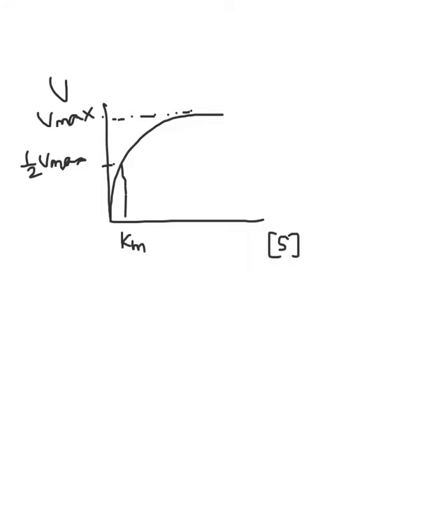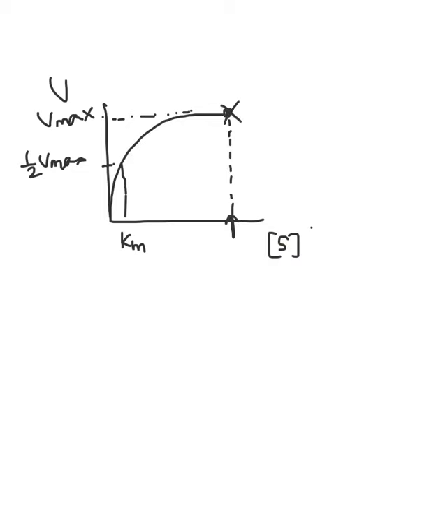From this graph, we learned that if the concentration of the substrate is greater than the Km many times, for example, like this, at this point the velocity would reach Vmax.